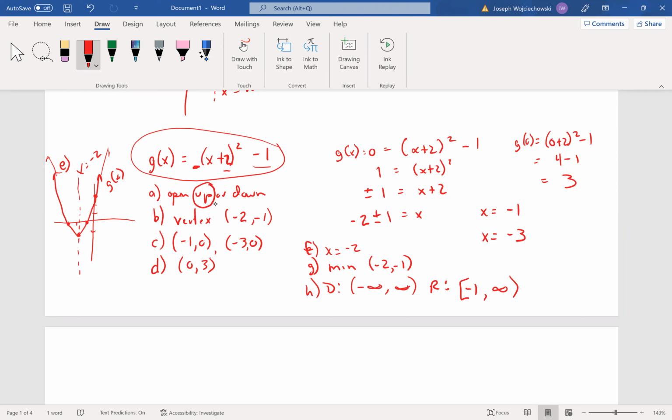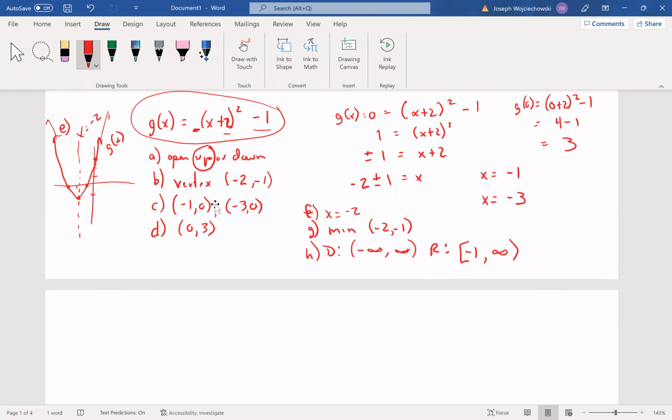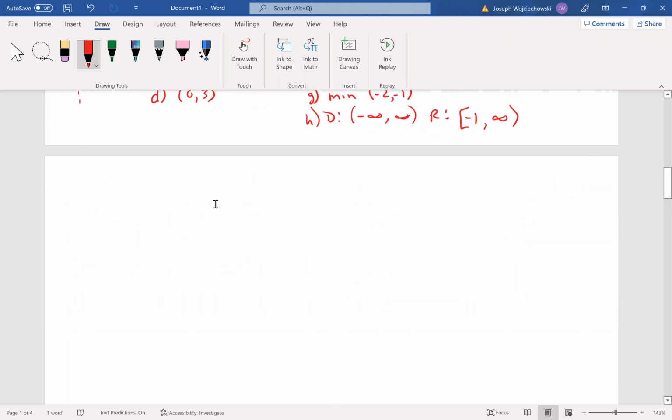So how can we write this in vertex form? We'll start with f of x equals 3x squared plus 12x plus 5.